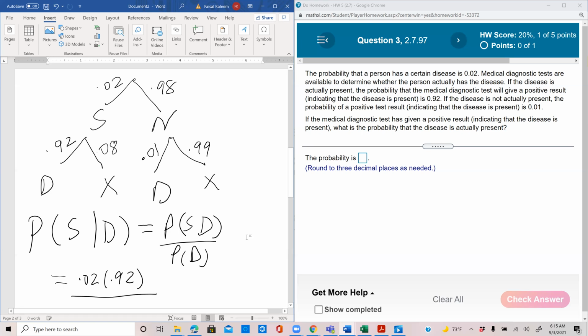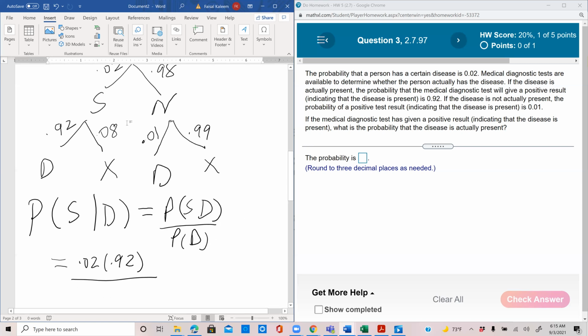Divided by, in diagnosed, you have to go through all the branches that end up with diagnosis. One of them is the same, 0.02 times 0.92, plus the other one, 0.98 times 0.01.